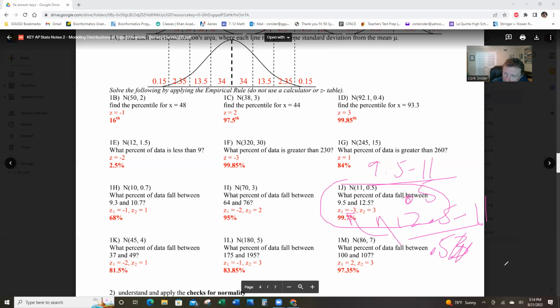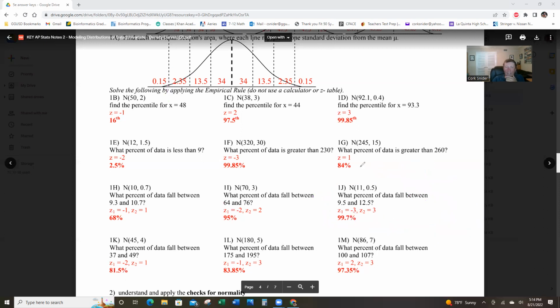And that comes out +3. So between 3 and -3, I'm drawing this between here and here, 3 and -3 is 99.7% of the data. So these 3 are simply a reflection of the empirical rule that was taught at the very beginning of the lesson.